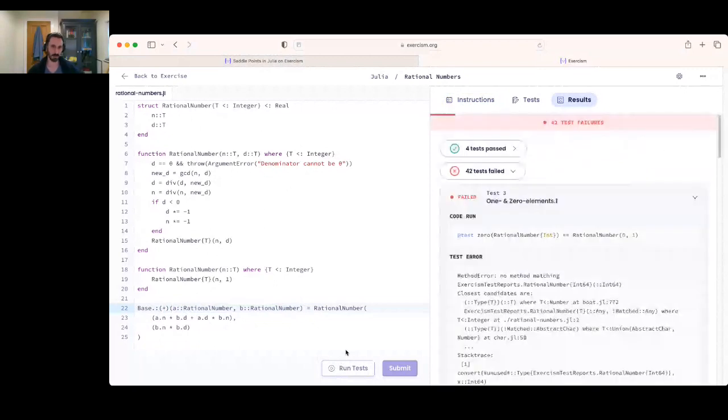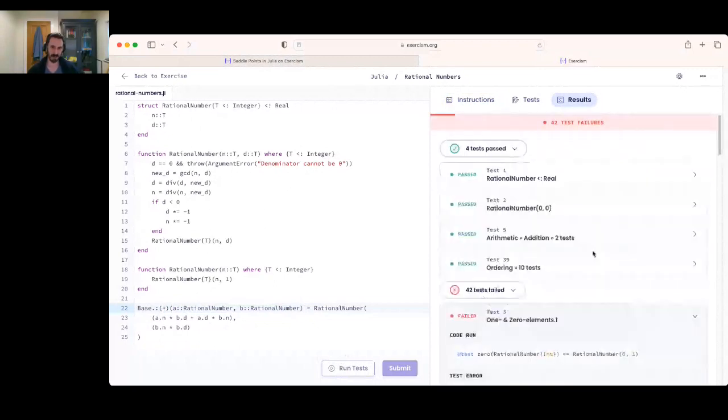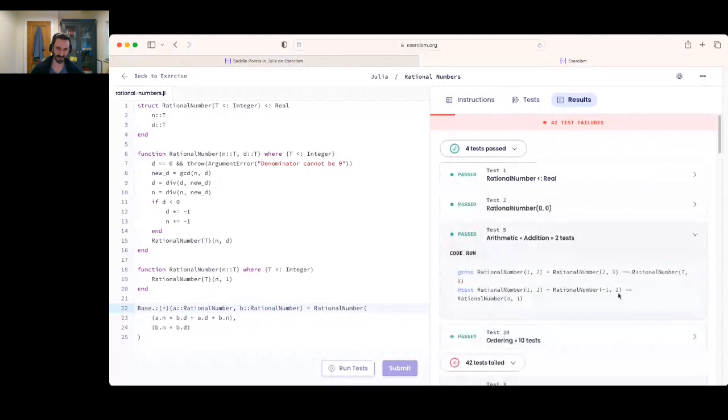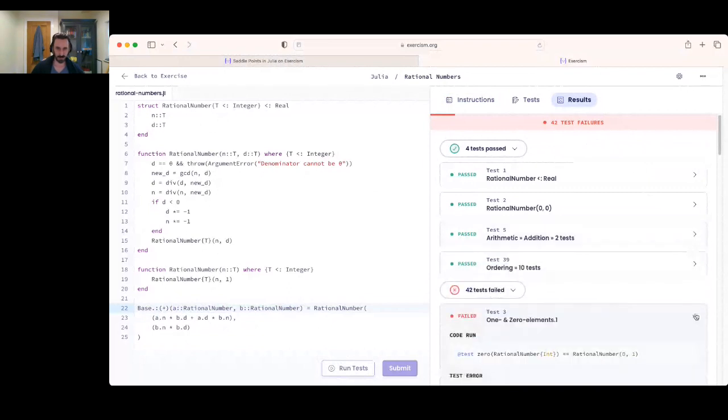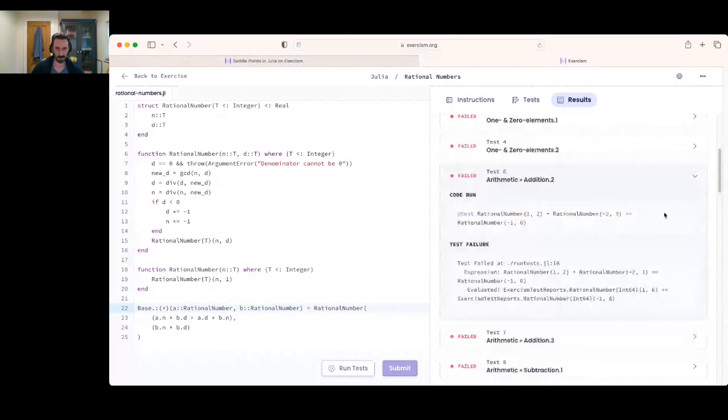4 tests passed, that's 1 test more. Let's see if that's right. Arithmetic, addition, excellent. So at least that bit passed. Now it looks like we failed some others. Okay, so why did we fail that one?